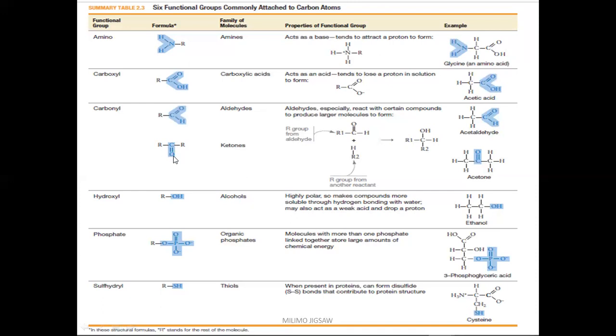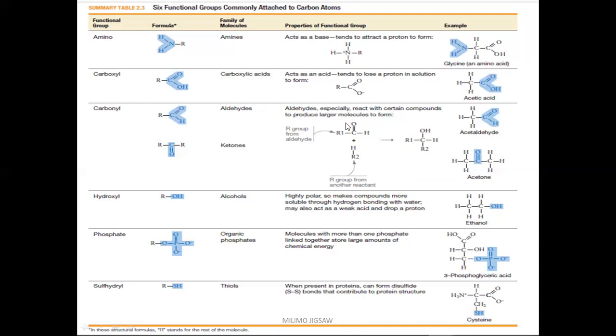So it has an internal carbonyl group. In an aldehyde, the carbonyl group is at the end of the carbon skeleton. All ketones have an internal carbonyl group.